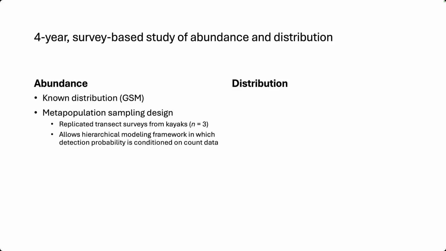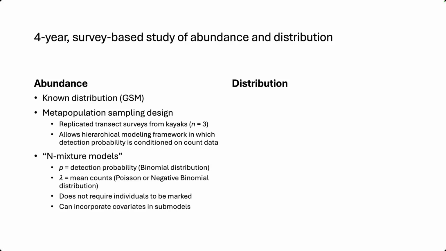So in essence, this type of detection probability is conditioned on count data. That's why this would be considered a hierarchical model, because it is a generalized linear mixed model where the sites form a natural random effect, but you also have a submodel for detection in addition to counts. In popular literature, we call these N-mixture models.